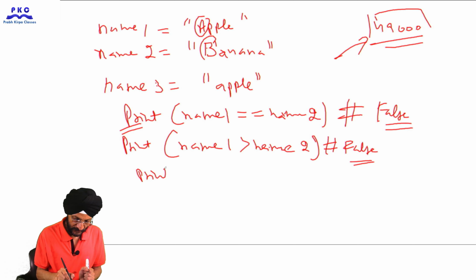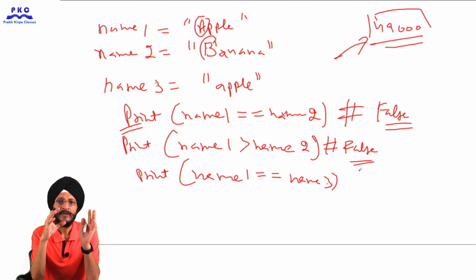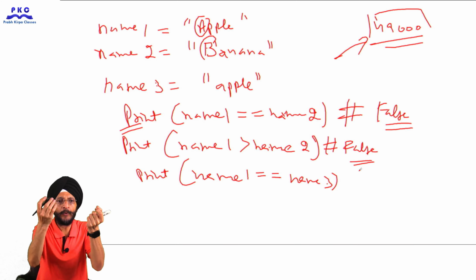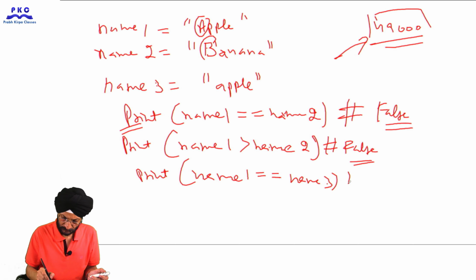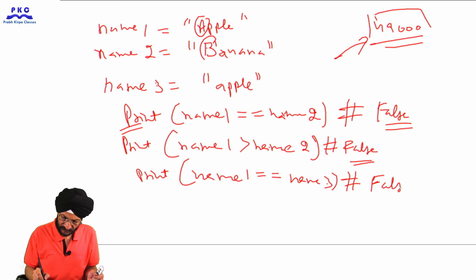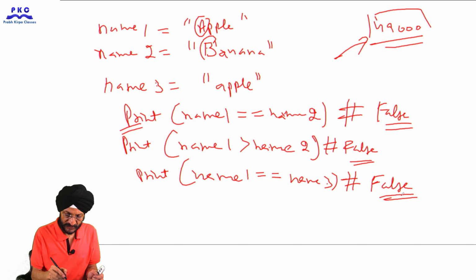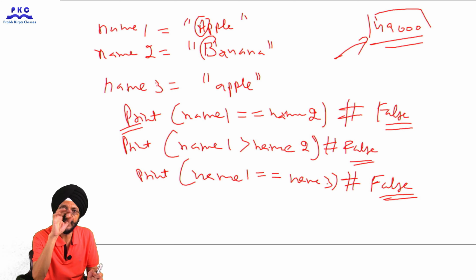If we say print name 1 equals name 3, with a casual approach you may say that in both name 1 and name 3 apple is written, so the answer will be true. But the Python interpreter will say it is false. Why? Because in the case of name 1, the A in apple is in uppercase, while in the case of name 3, a is in lowercase.